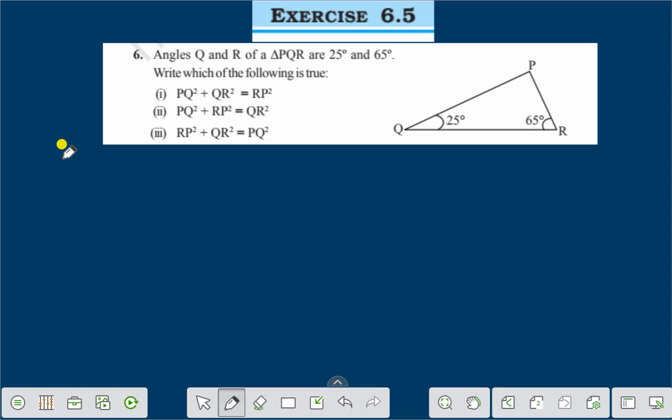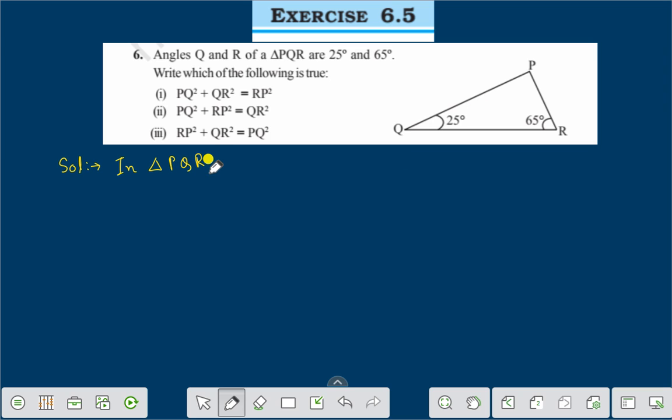Here you see we will solve this question in this way, that is, in triangle PQR, we know that the sum of the angles of a triangle is 180 degree.